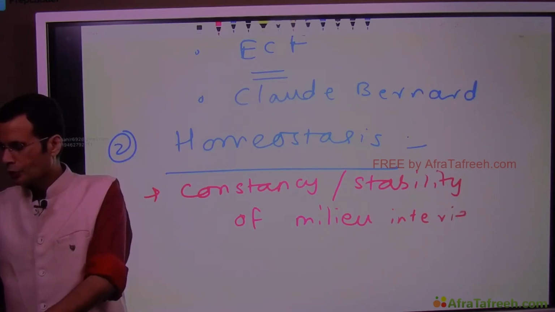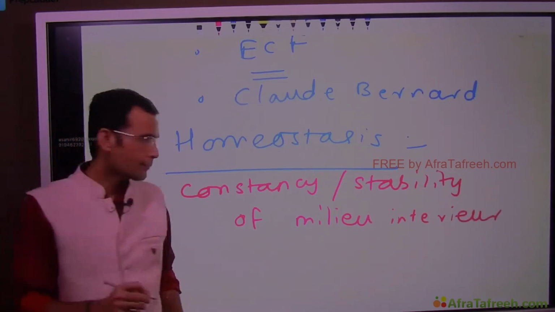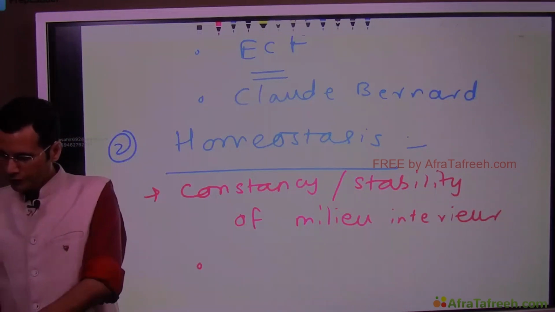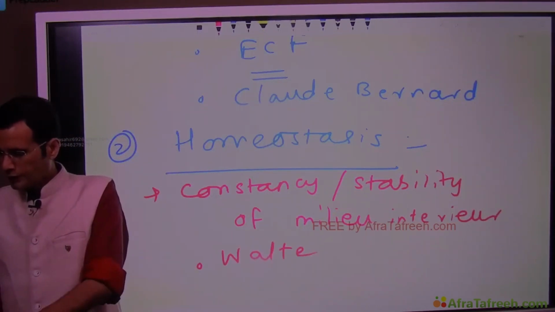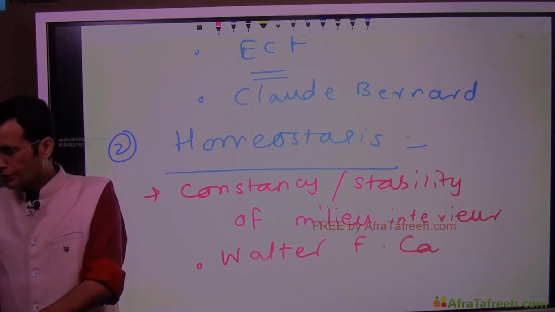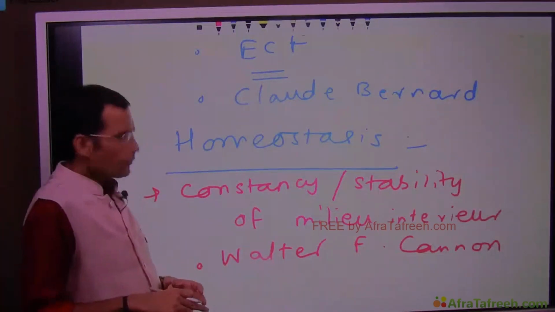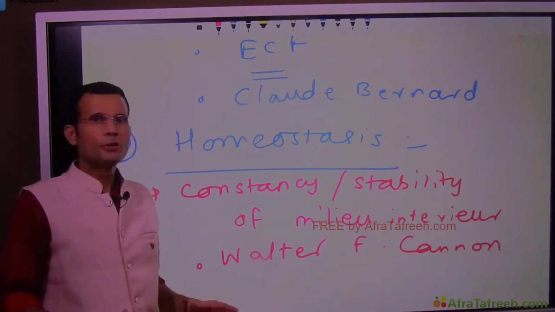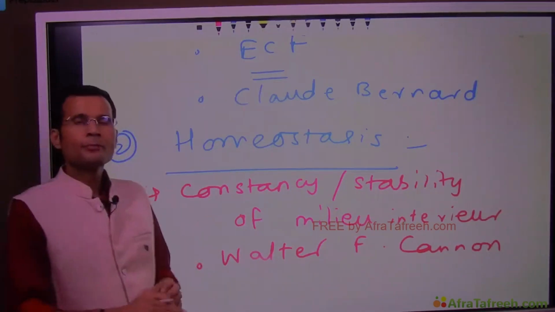That's called homeostasis. Another very renowned physiologist by the name Walter F. Cannon is credited with coining this term, homeostasis. So we are going to discuss homeostasis and its principles.